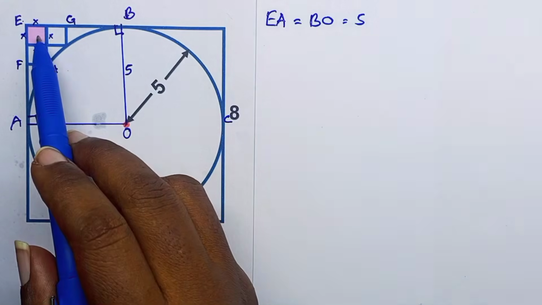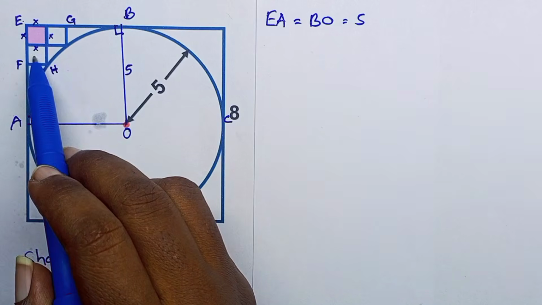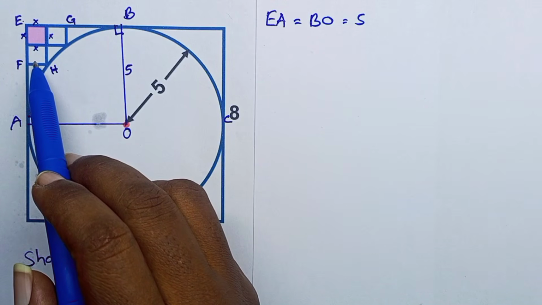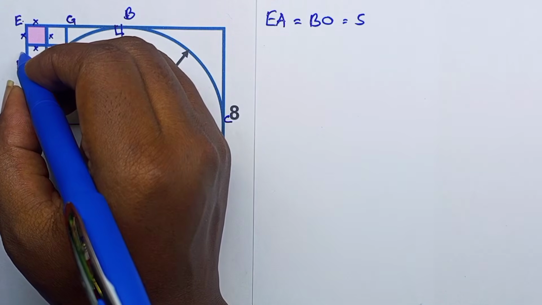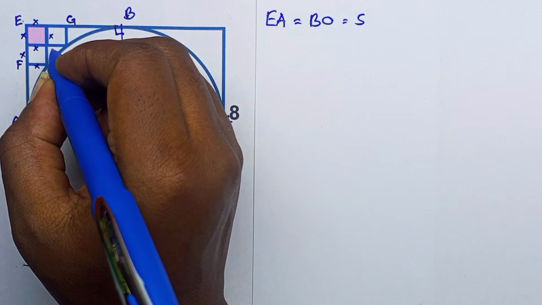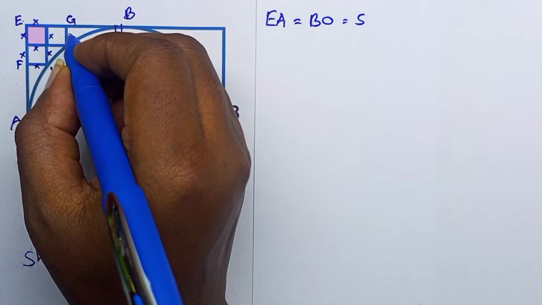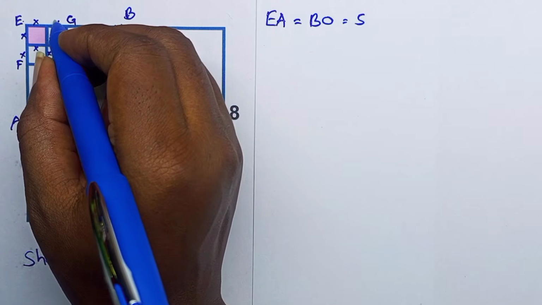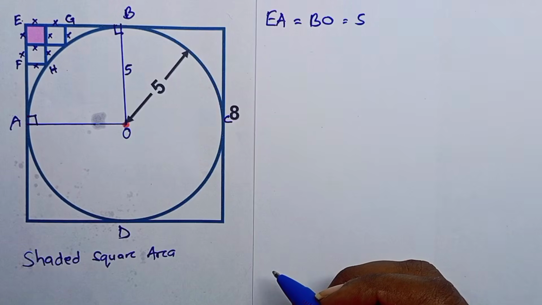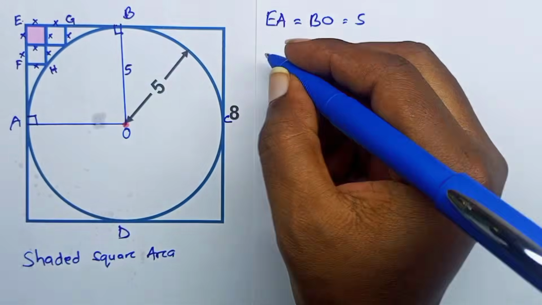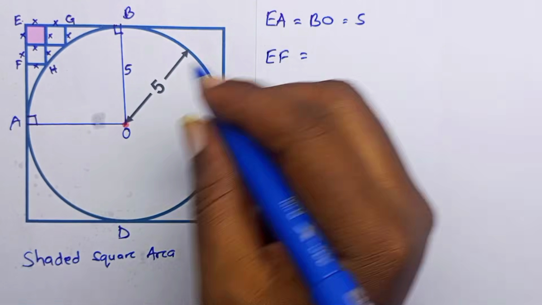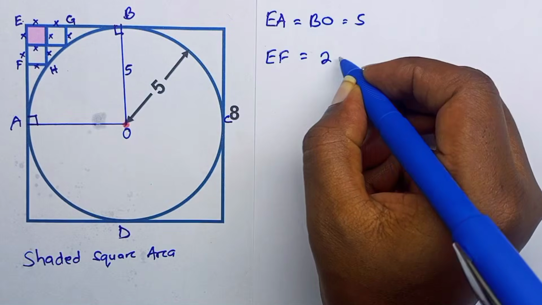But remember, these 3 squares here are identical. So all these other sides will be x. Therefore we can see that EF is x plus x, which is 2x.